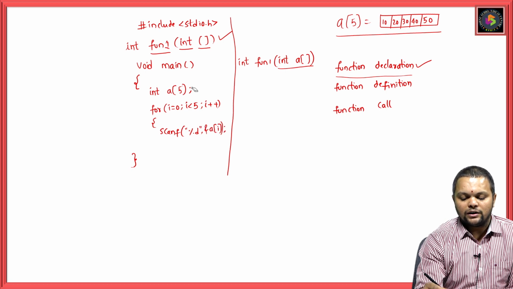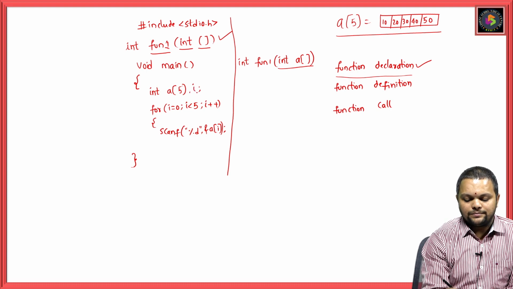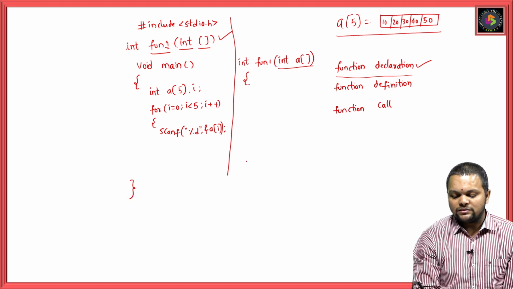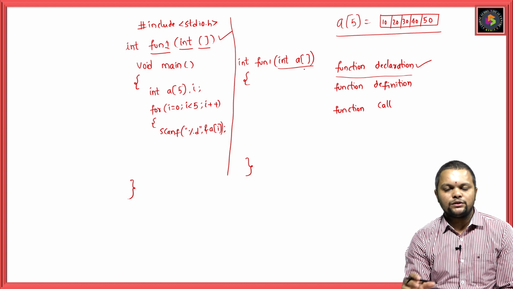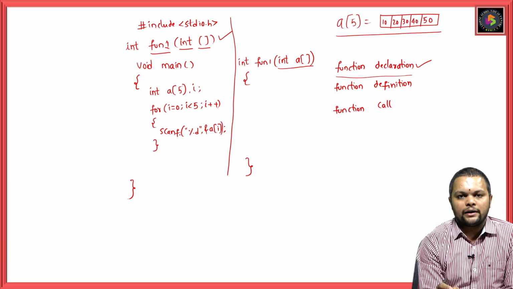We didn't declare i, so let us declare it here, comma i. After this, we have the function declaration part and the function definition part. What we need to write in the function, we will see. So I have just taken values into an array.